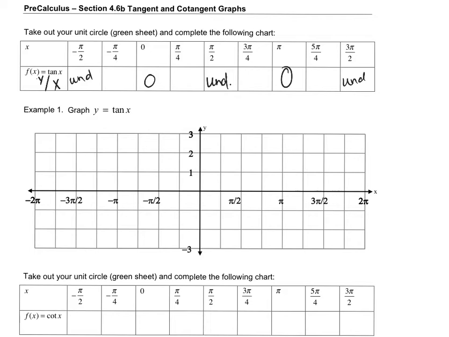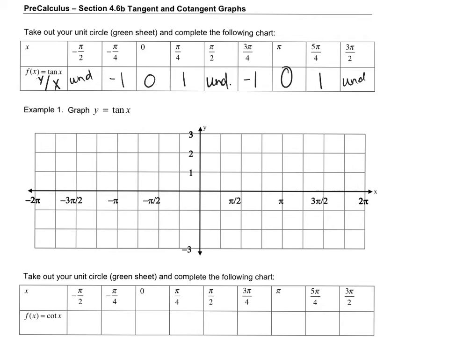Dividing by those, in quadrant 1, both x and y are positive, so is tangent. And in quadrant 3, which is 5 pi over 4, they're both negative, but a negative divided by a negative is again a positive. In quadrants 2 and 4, I have a negative and a positive, so my tangent is negative 1. So what does that look like on a graph?